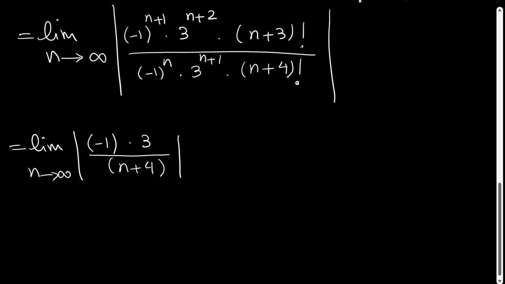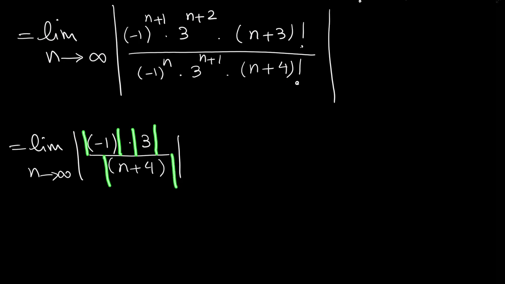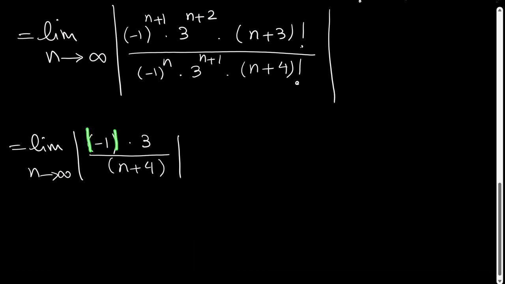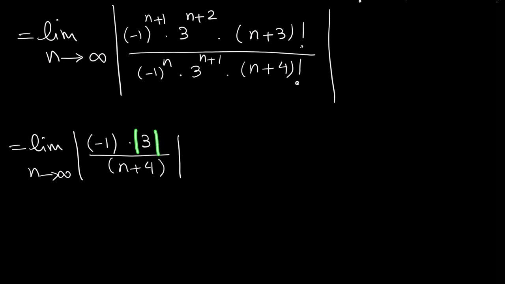And now I can have the absolute value of -1, the absolute value of 3, and the absolute value of n+4, limit of these things. The limit of the absolute value of -1 is just positive 1, and the absolute value of 3 is just 3, and the absolute value of n+4 is equal to n+4 because n goes to positive infinity and it is positive, so we don't need the absolute value.